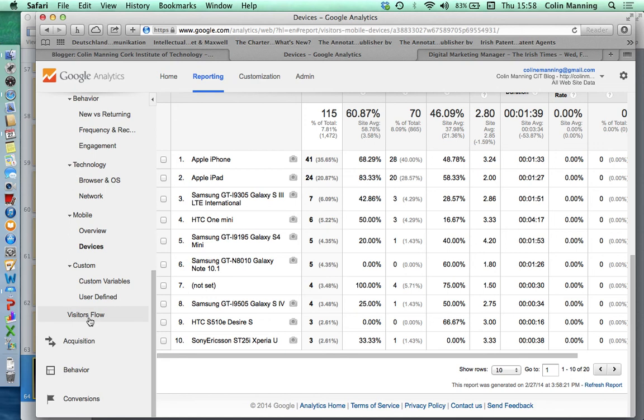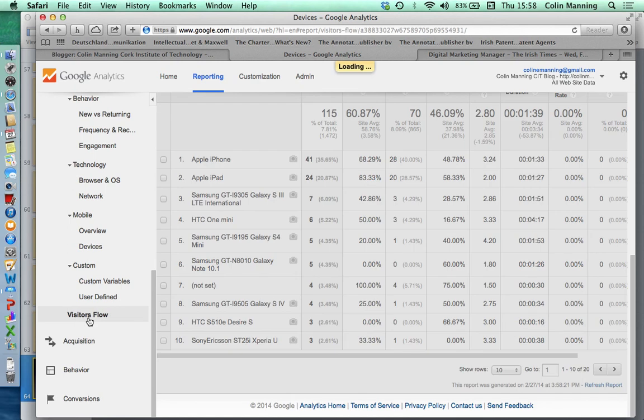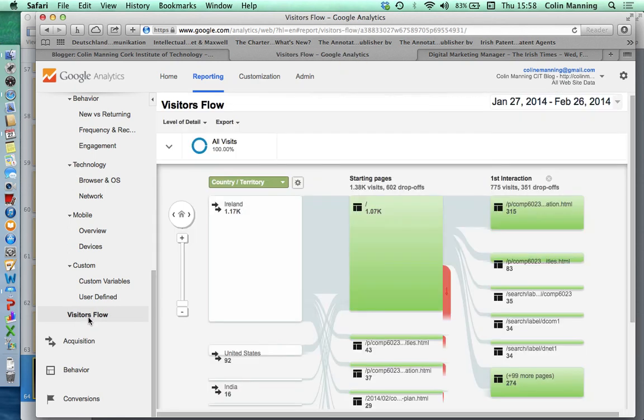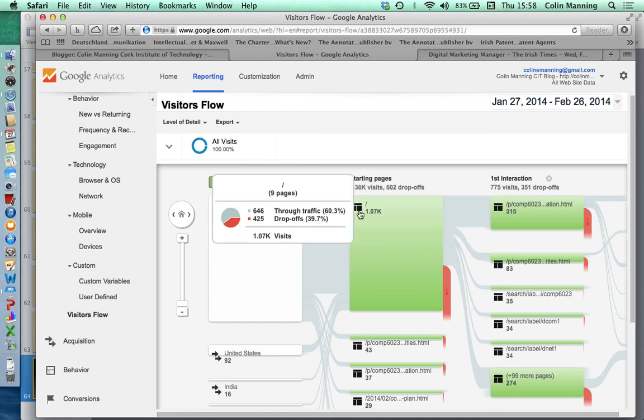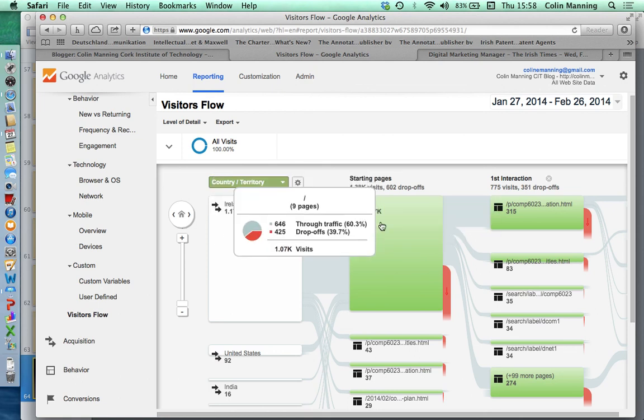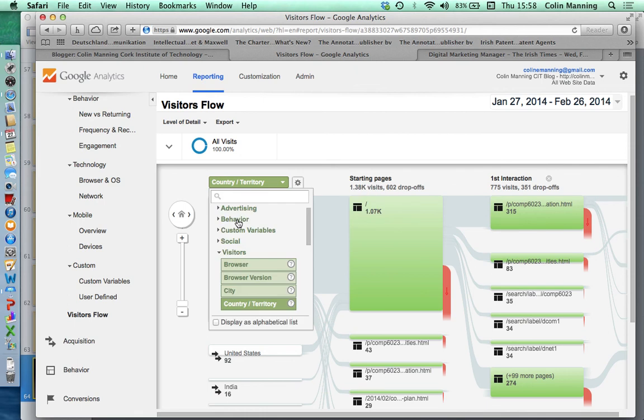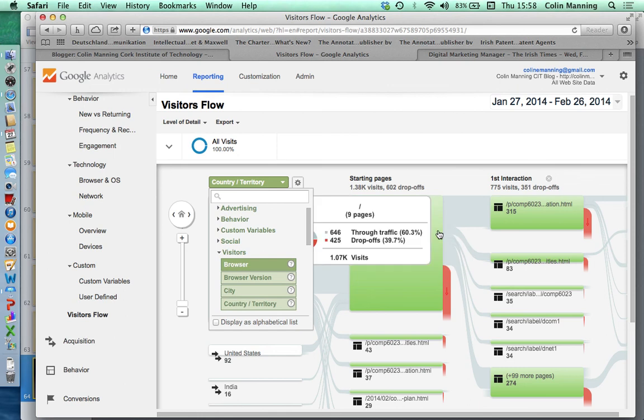You can even track the path someone takes through your website. This is really powerful. So someone arrives at the front door. Where do they go from there? What pages do they go to?